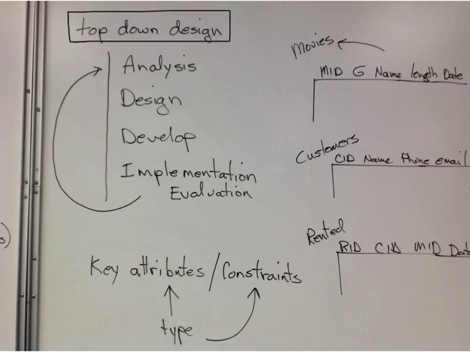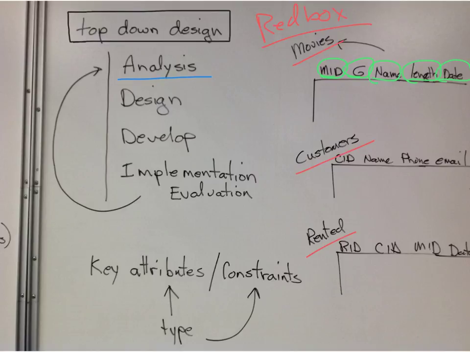This isn't anything that's a whole lot different than a number of things we talked about before. First thing we have to do is we analyze, okay? We used a red box over here, example. How do they keep track of data? Well, we said they keep track of movies, their customers, and what's rented. So these would be 3 different entities. And when we talk about entities, we have the attributes, the things that define the entity.